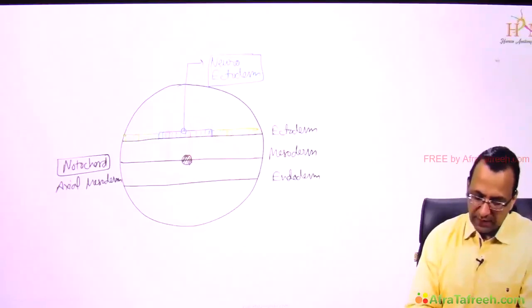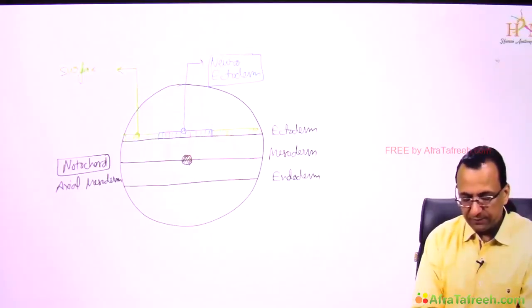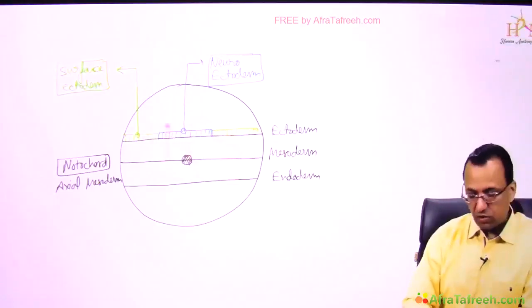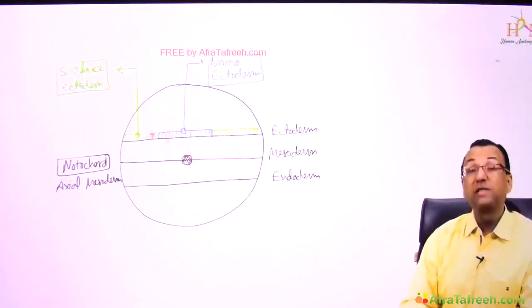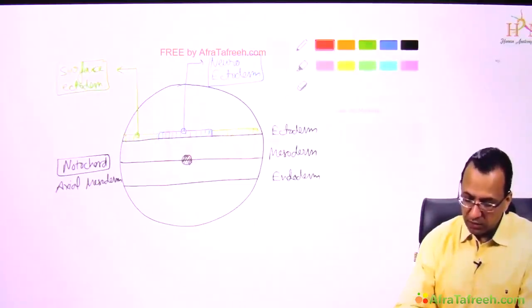What was that which is developing at the margin, between the neuroectoderm and surface ectoderm? Actually, that will be the neural crest cell.